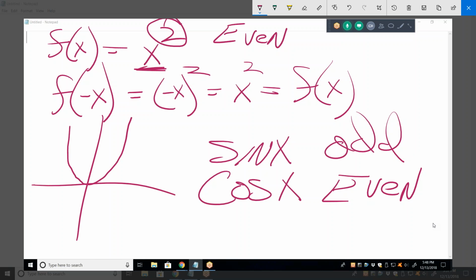There's your x squared right there. Odd functions are symmetrical about the origin. There's your x cubed right there. Notice that it's symmetrical about the origin, not the x-axis, not the y-axis, but the origin. In other words, I have to flip over both axes to find symmetry at the origin.